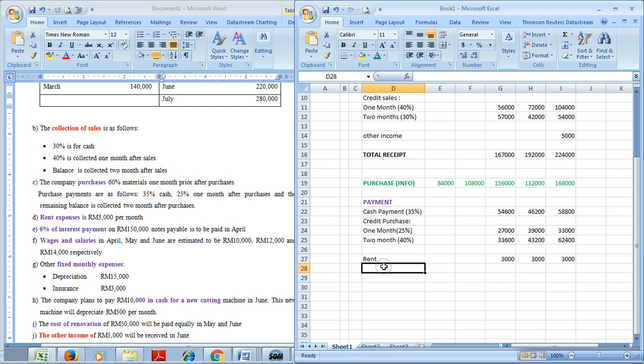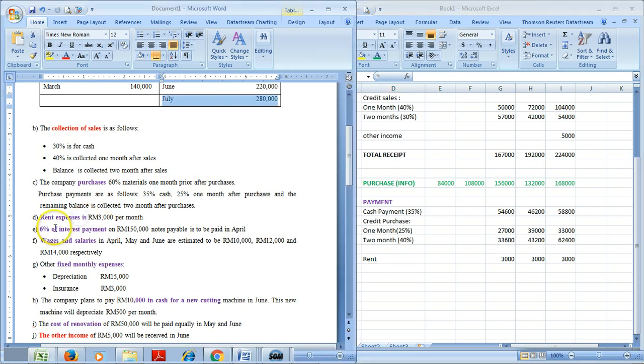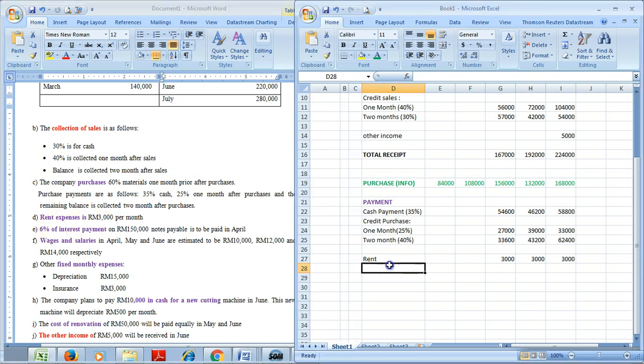Okay, next class. This is rent, done. 6% of interest. Alright, you put interest payment. How to find interest payment? As you can see, interest is annual. You have to remember, interest is annual. So you need to find the amount of your interest payment first in annual.